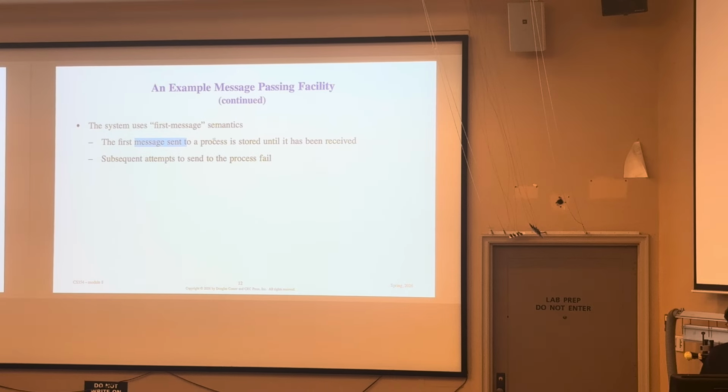So this message will be stored in the receiving process until it calls receive. Subsequent attempts to send to the process will fail before the receiving process calls receive. That message buffer is occupied, and during this period any other process sending to this receiving process will not succeed.